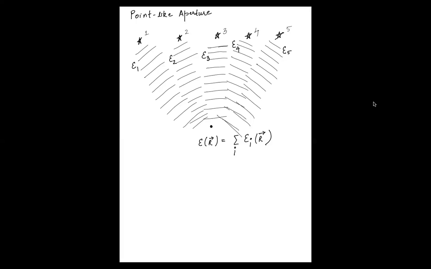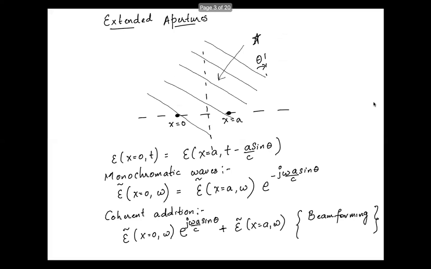A point aperture is not going to lead to a discrimination between power coming from different directions on the sky. So let's take the next simplest example of an extended aperture, which is just having 2 point detectors on the sky. So now you have a spatial extent in your detector. And so I'm going to now show that that leads to a basic discrimination of angle of arrival of radio waves which are falling on the detector.